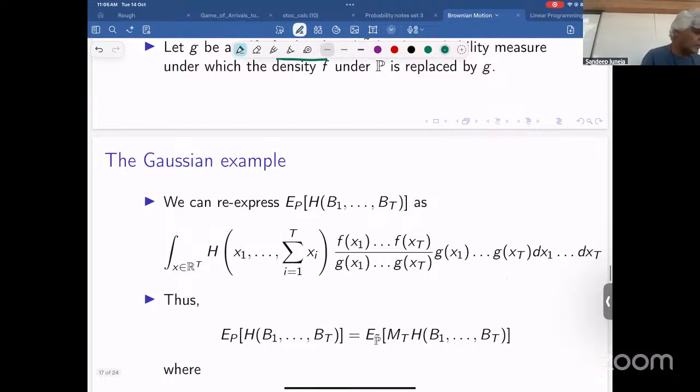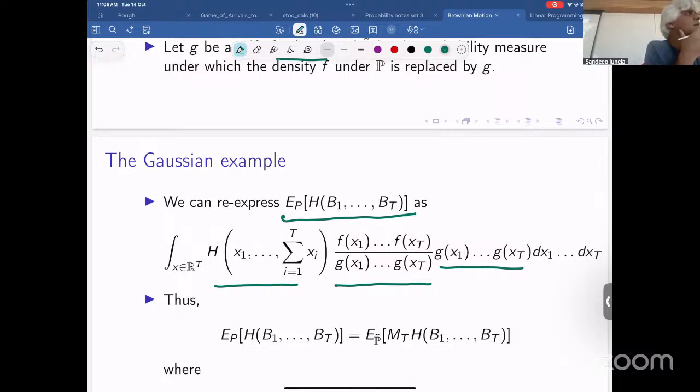Now I can re-express this expectation as follows. I just divide by g(x1) through g(xt) and multiply by g(x1) through g(xt).